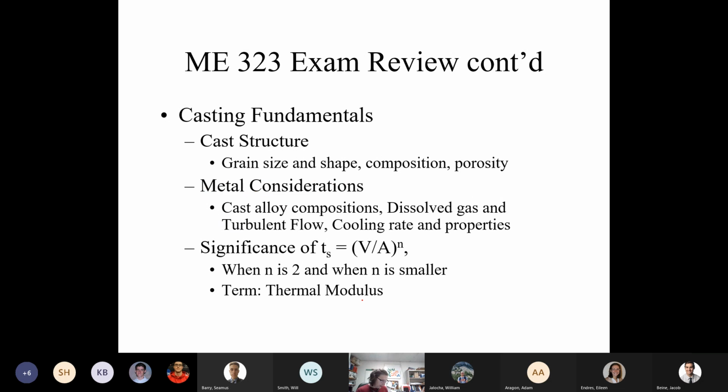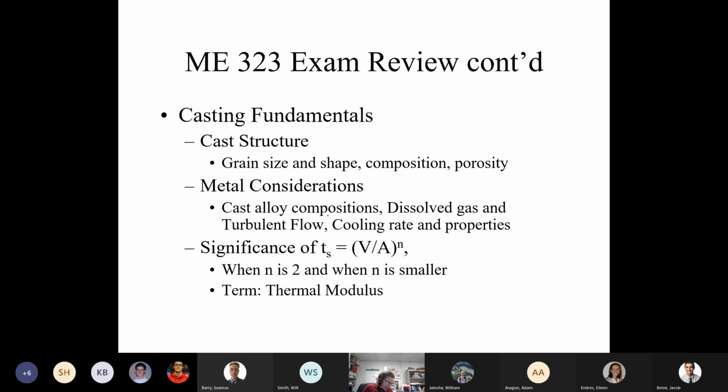Well, we spent probably a little more time on casting. So we do have the casting fundamentals, the cast structure, the grain size and shape, the fact that we have compositional gradients, that we have both gas porosity and the interdendritic or microporosity.